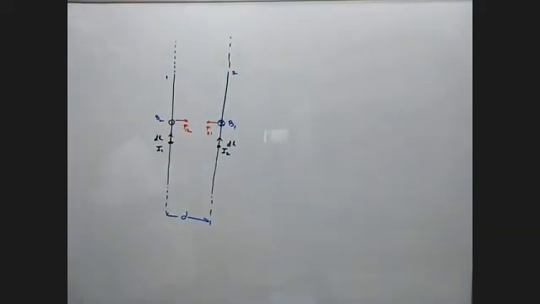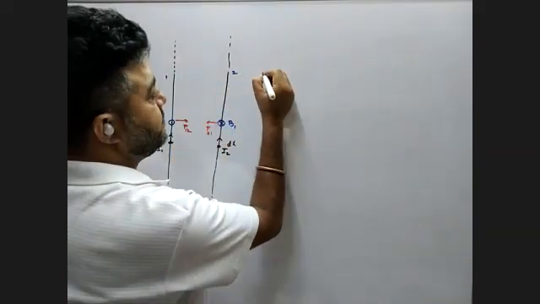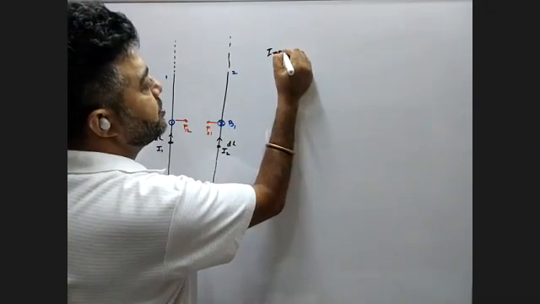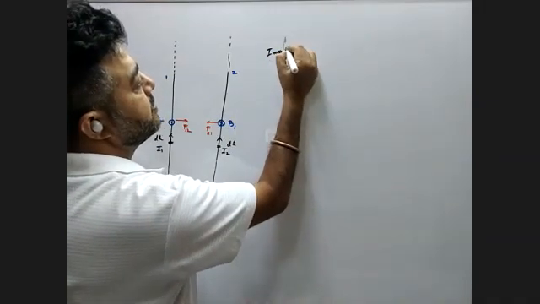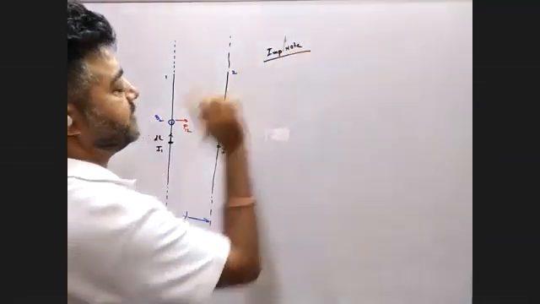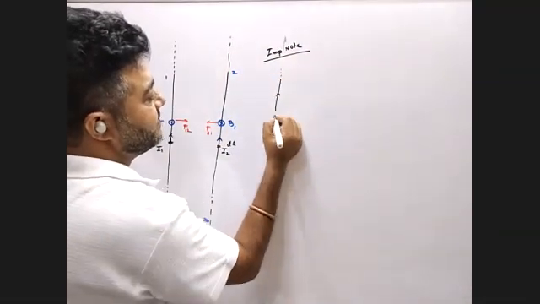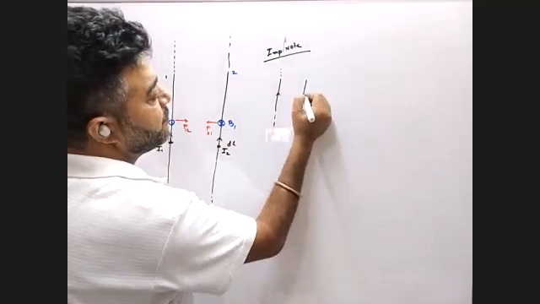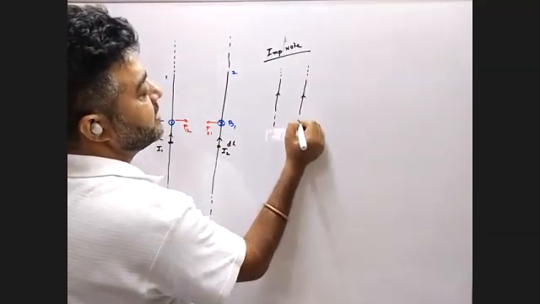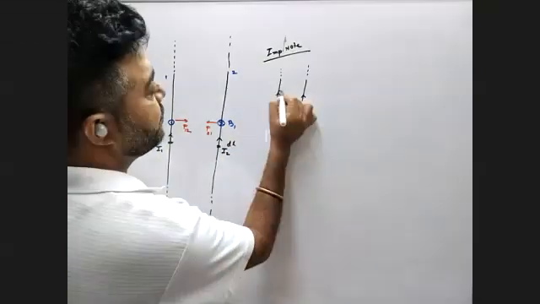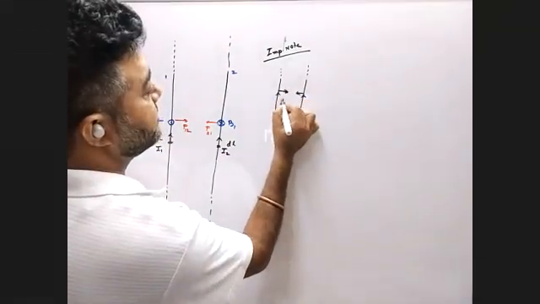Now see, some important notes from the first one, as these are objective questions. If we have two current carrying parallel wires and the currents are in the same direction, the force is attractive in nature.